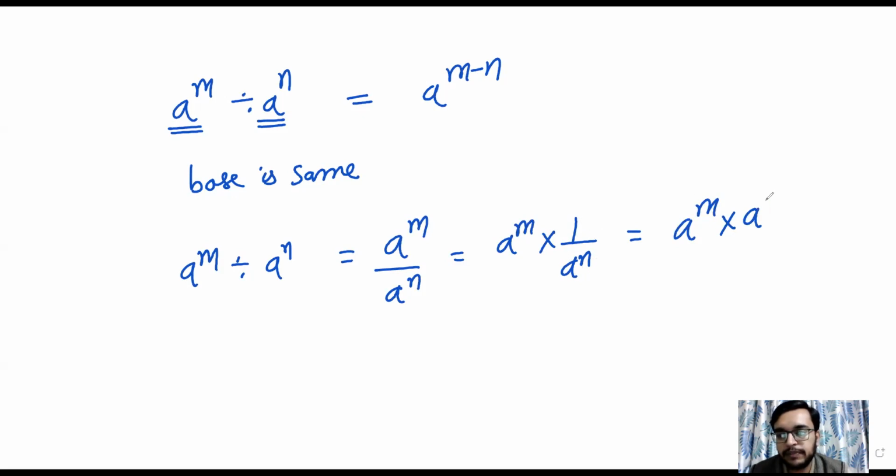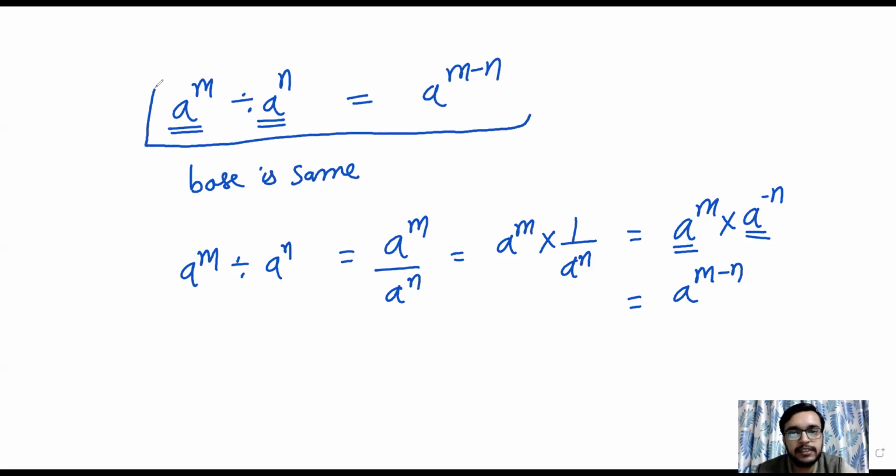When we write it, it can be written as a raised to power minus n, and in multiplication we have learned that if the base is same, we take the addition or subtraction of the powers. Here it is minus, therefore we take subtraction. If there is plus, we take addition. So this is the important formula for division of indices with same base: when there is a division, we take the difference of powers.